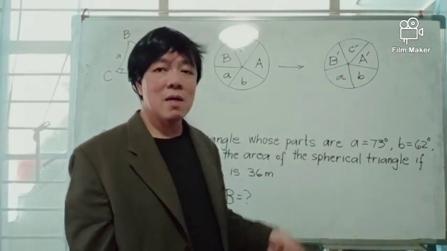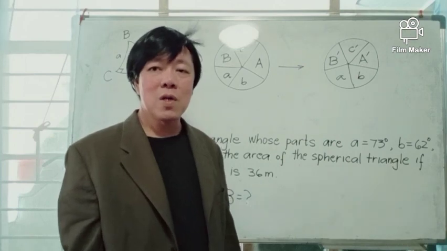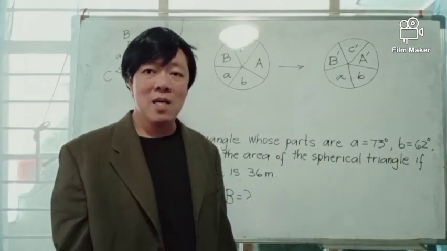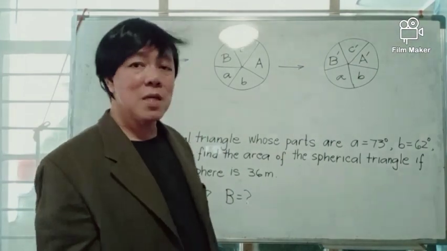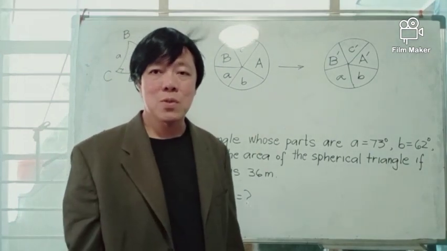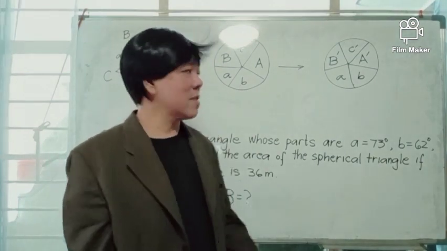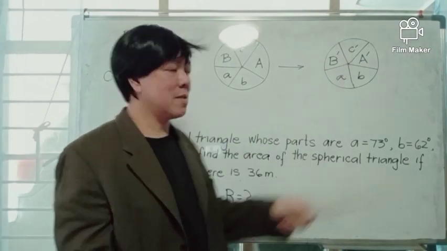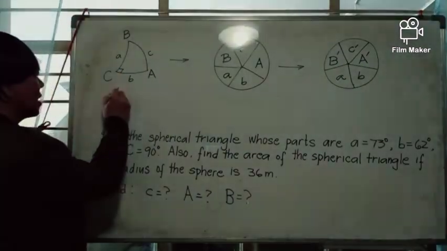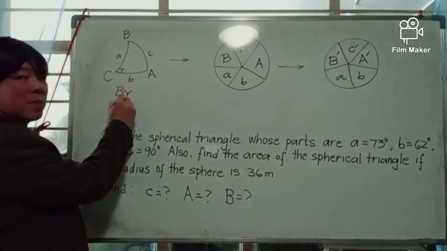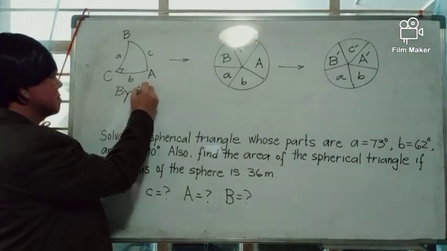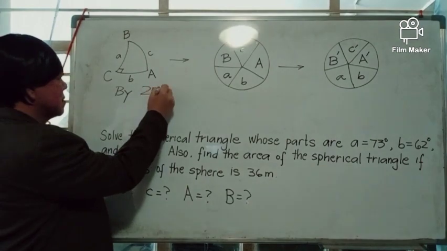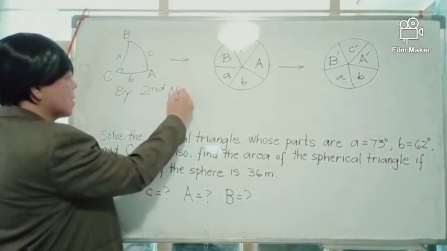Thus, we can solve for the side small c using the second Napier's rule.